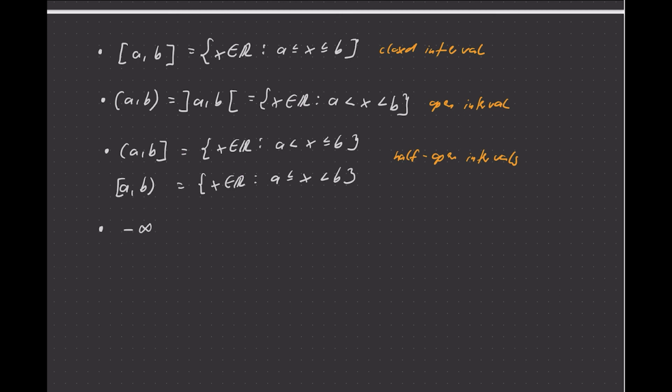So we'd write something like (minus infinity, A) to denote all x in R that are strictly less than A. And of course, we could have made this a half closed interval as well. Like for example here, [B, infinity), that is all real numbers that are greater or equal to B.